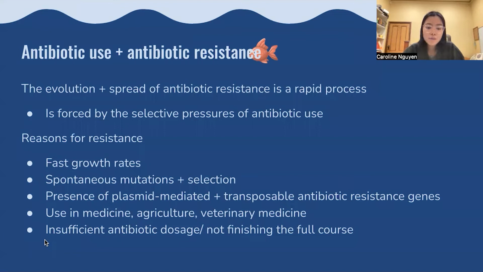Sometimes doctors may prescribe antibiotics when it's not necessary. Sometimes patients demand antibiotics even if they have a viral infection, which we know won't work. And so these are some of the ways antibiotic resistance rises.